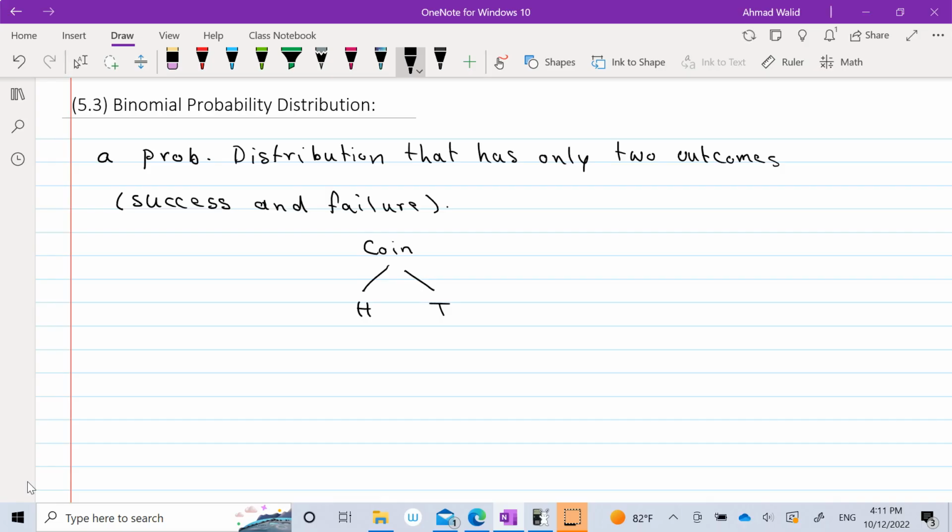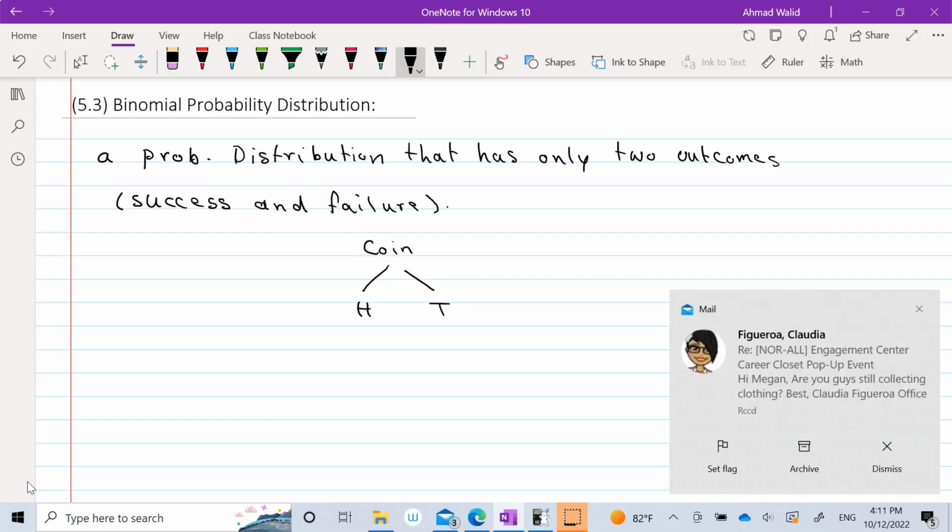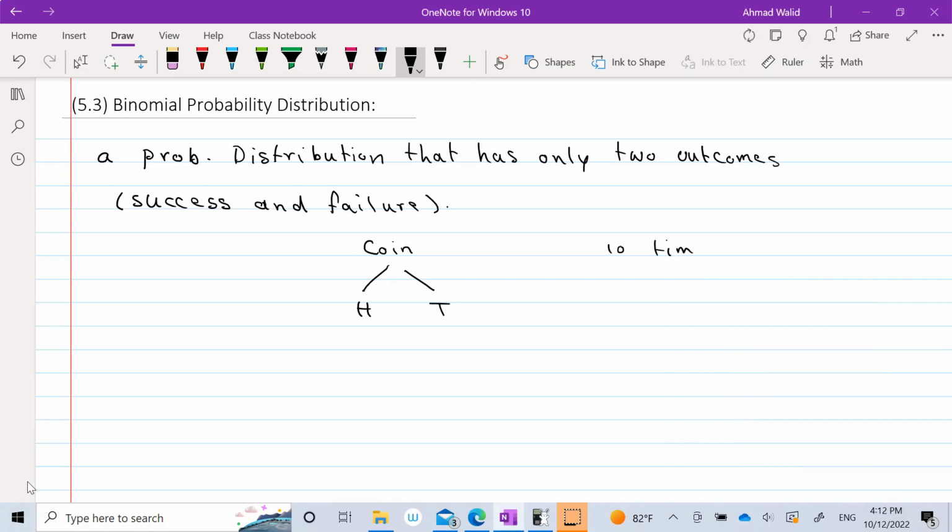If your goal is, for example, you are flipping this coin 10 times and your goal is to get 5 heads, head will become your success. Tail will be your failure.